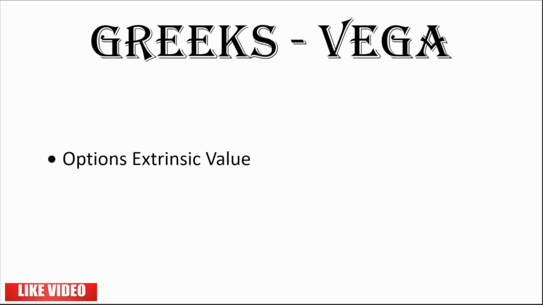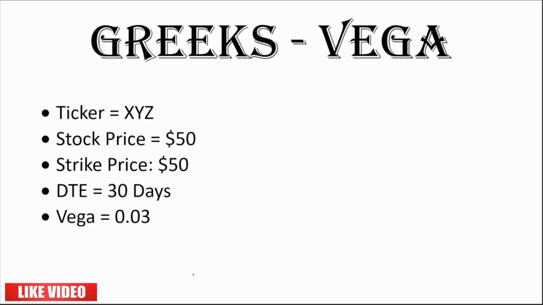And as we have learned in previous lectures, the extrinsic value is the portion of an option premium that is affected by risk factors such as time, interest rate, and of course, implied volatility. For example, let's say that we have a 30 DTE option on stock XYZ with a $50 strike price, and the stock is currently trading also at $50 per share, and the Vega for this option is 0.03.